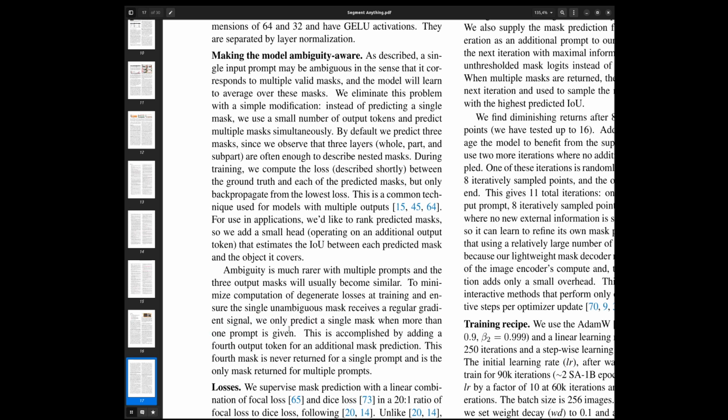When I'm prompting with one bounding box, I got three masks, which are different. So assuming if you do, like, two points, then I guess you should receive one mask.